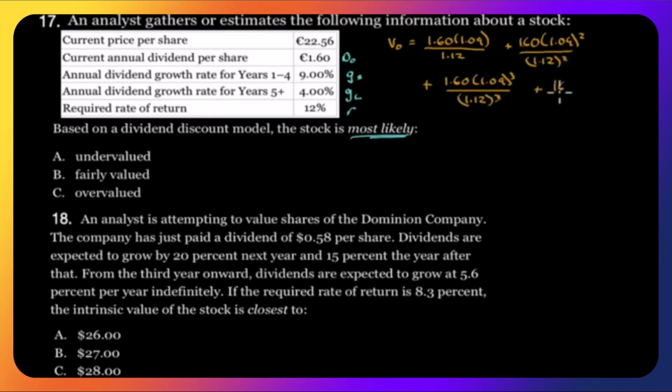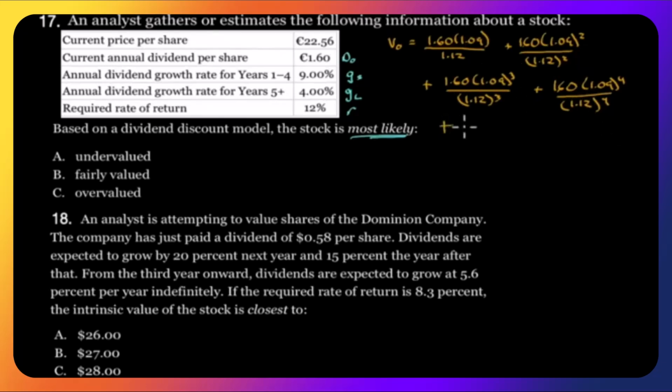And our last year's dividend, 1.60 times 1.09 to the 4 over 1.12 to the 4. That is the explicit forecast period. So all you have to do is just do calculator work on that one. That one is really tedious to do, but you'll do calculator work on that.